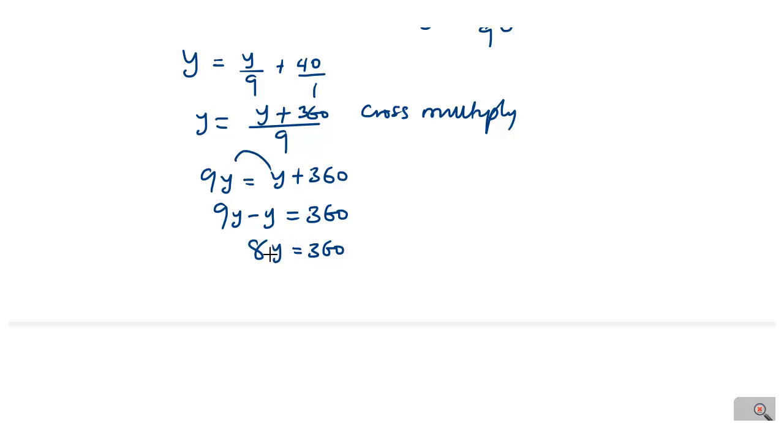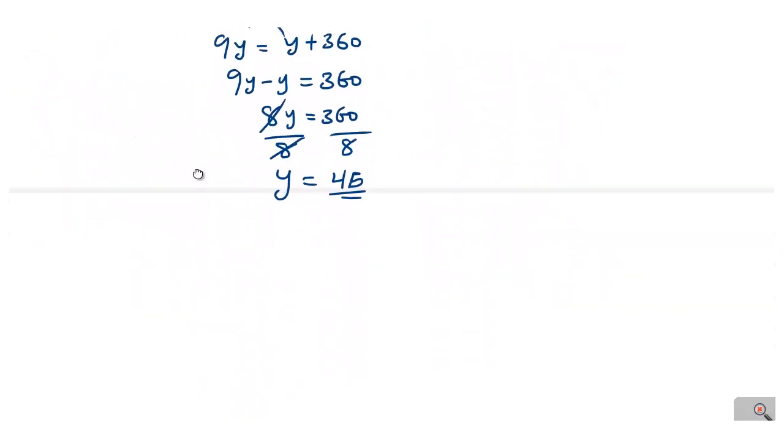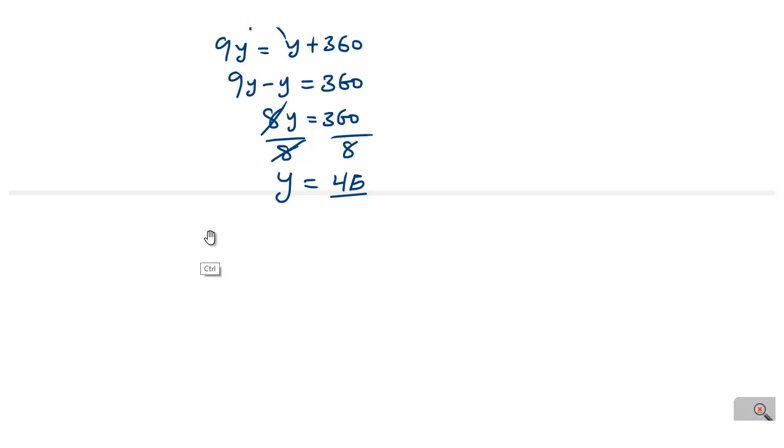Divide both sides by the coefficient of Y, which is 8. So Y is 360 divided by 8, which gives us 45. Don't forget that Y in this case represents the total lots. So the total lots based on the information given is 45.